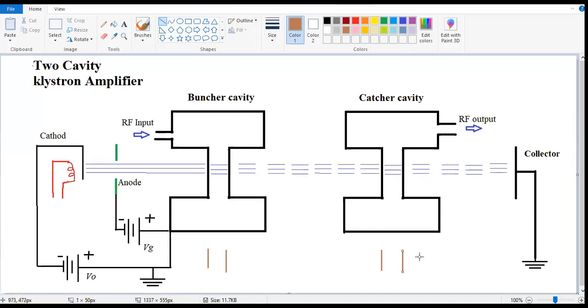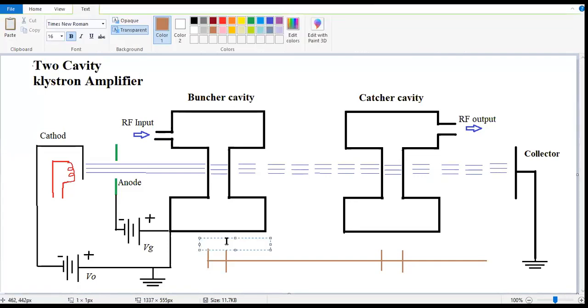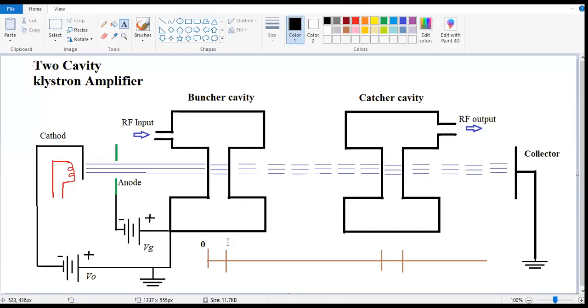What I want to show you here is, considering from here to the end, this is the start, distance 0.